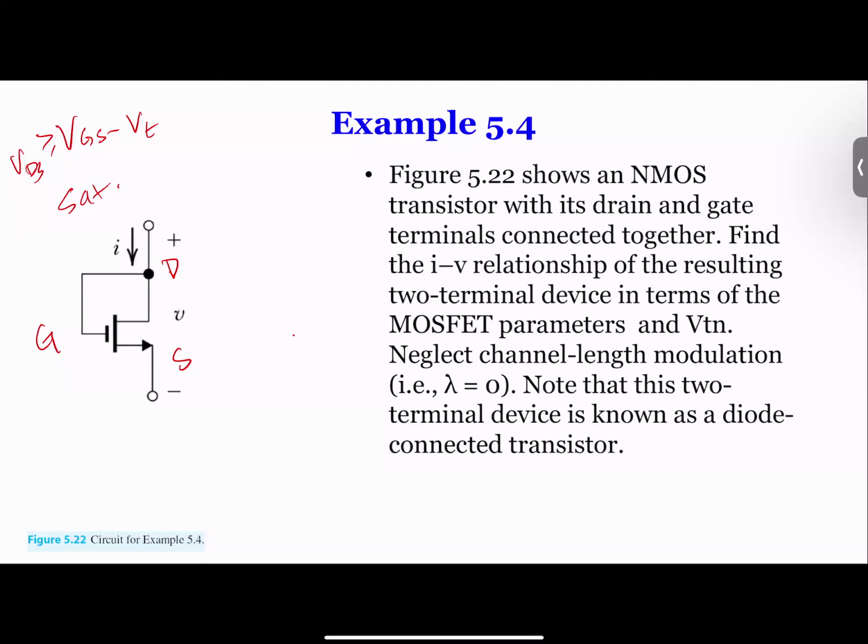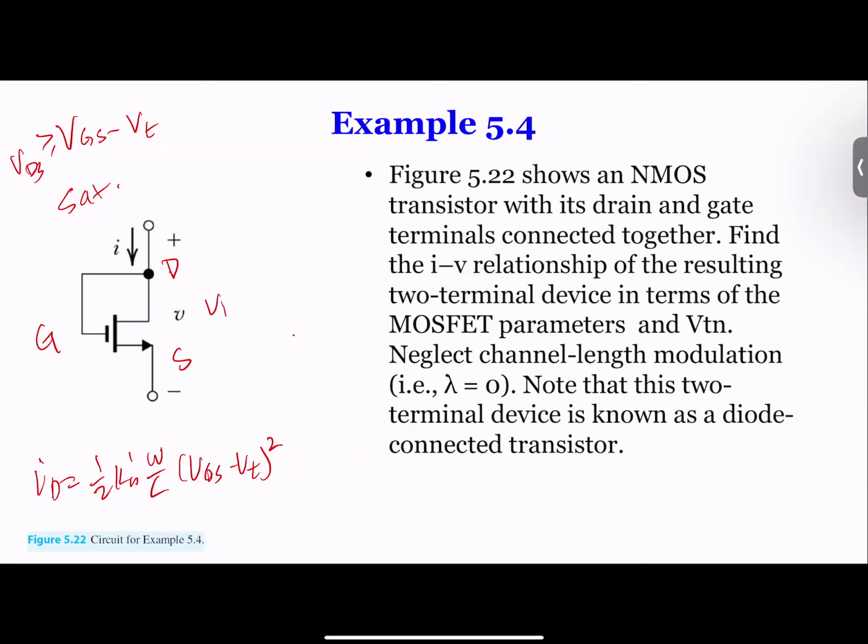Now, since this is in saturation mode, we can directly go to the equation of the saturation mode. And in this case, VGS is the same as VDS, right? So VGS is the same as VDS.